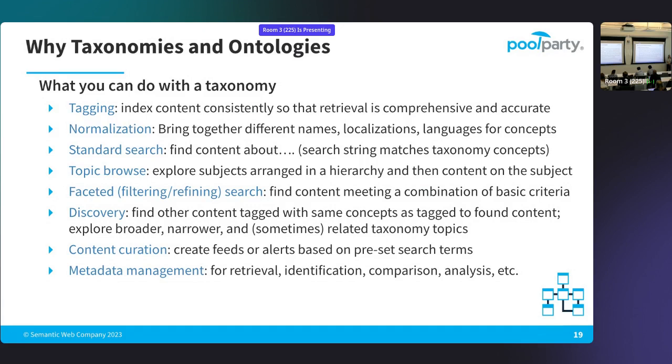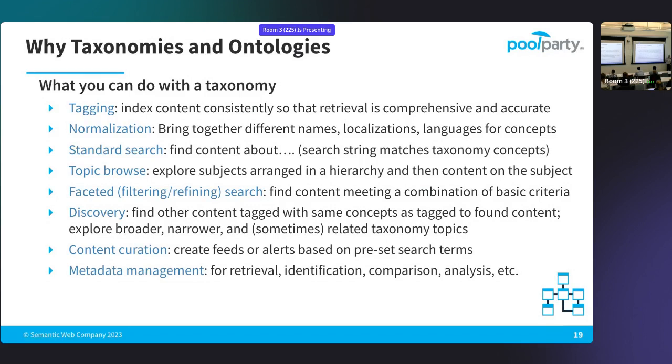And then taxonomies are very often implemented within a broader set of metadata. So you've got these different metadata properties dealing with content, and then there could be one called topic: what's it about? And then you have a big taxonomy filling in the values for that metadata property.